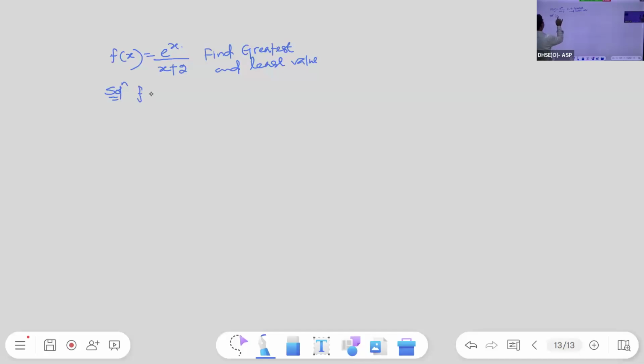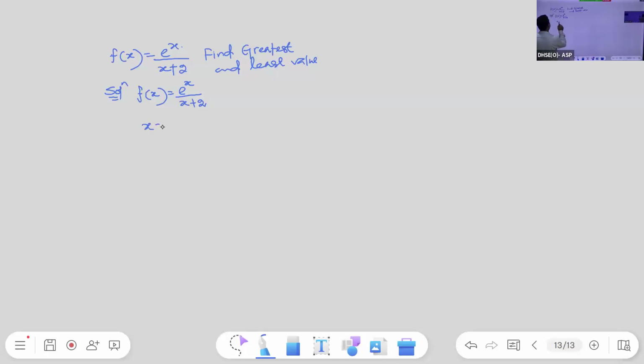f of x equals e power x upon x plus 2. This function is discontinuous at x equal to -2, because at x equal to -2 the denominator will be 0. Except at x equal to -2, there are no other points where the function is discontinuous or non-differentiable. It is continuous and differentiable everywhere except x equal to -2.